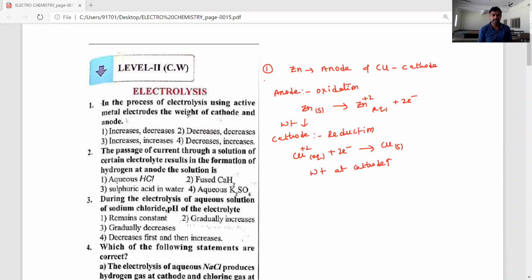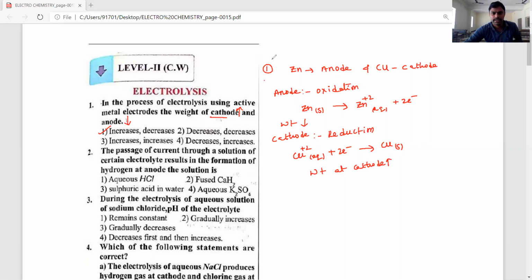So the answer is, in the electrolysis process by using active metal electrodes, the weight of cathode increases and weight of anode decreases. So the first option is correct. Okay, understood? First option is correct.